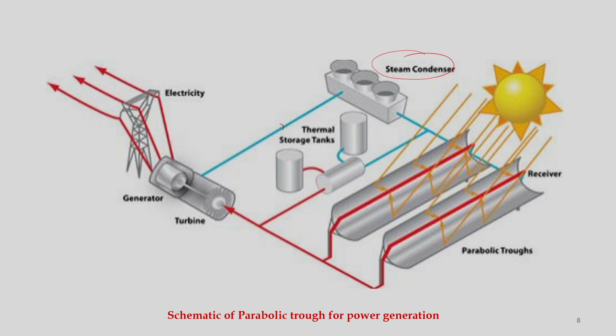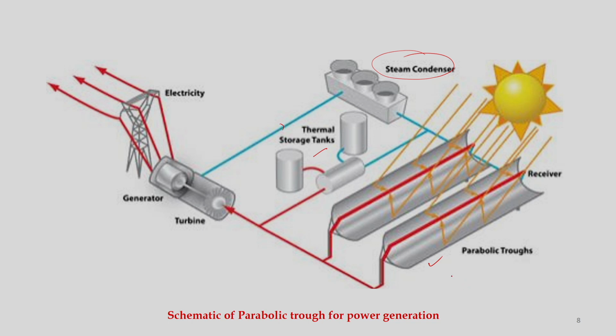Once it is cooled, then the same fluid can be injected again to be heated by using this solar energy or parabolic trough concept. We can use storage devices as well. When we are producing more energy, that can be stored and whenever required that can be delivered.